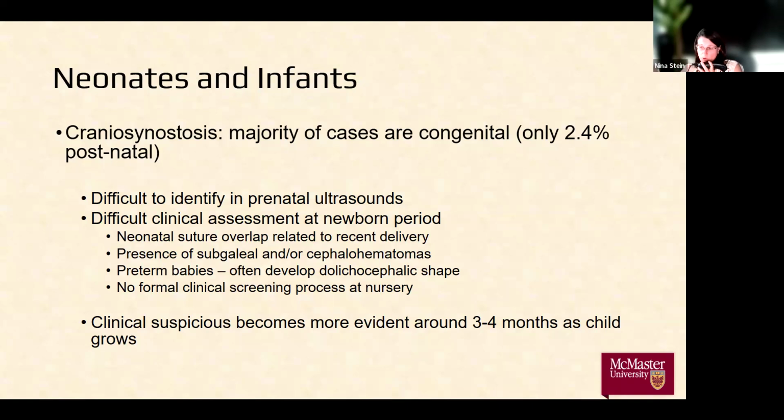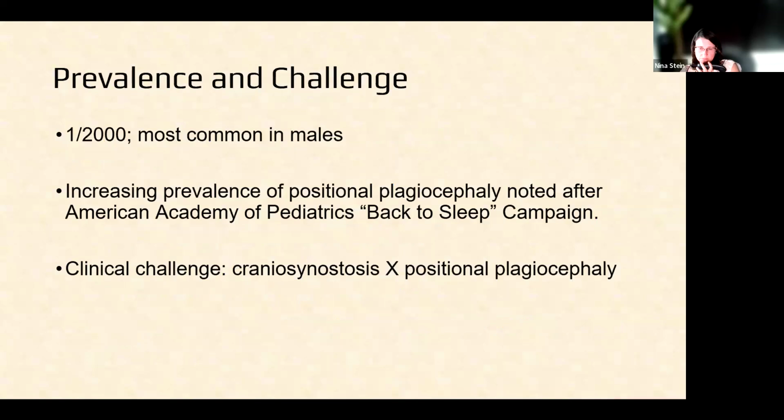And so the problem is that, and perhaps Dr. Jenny can comment on that as well, my understanding is that most of the treatments and surgical procedures would be best if offered before 6 months of age. So now it gives us a shorter window to investigate and make a diagnosis.